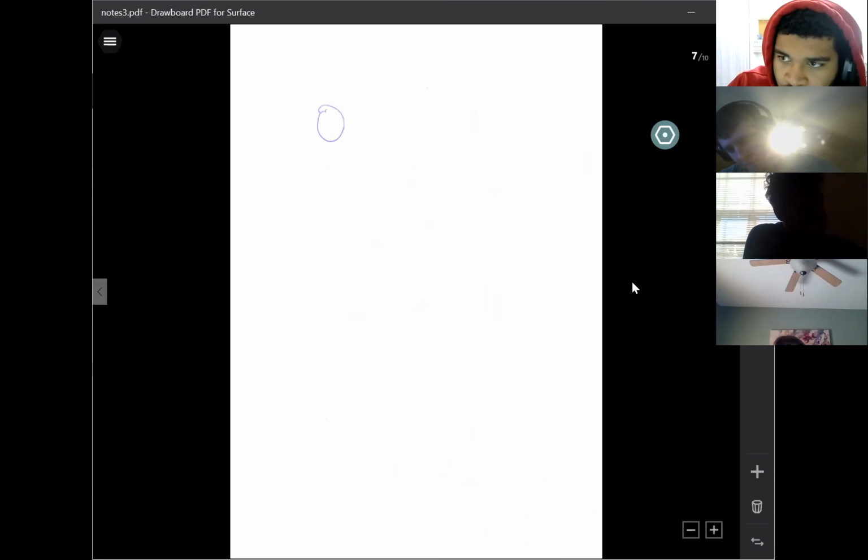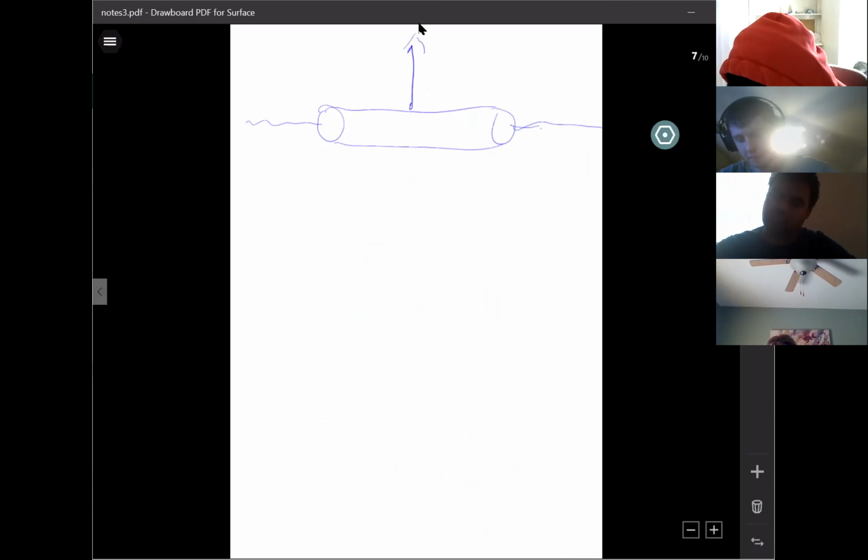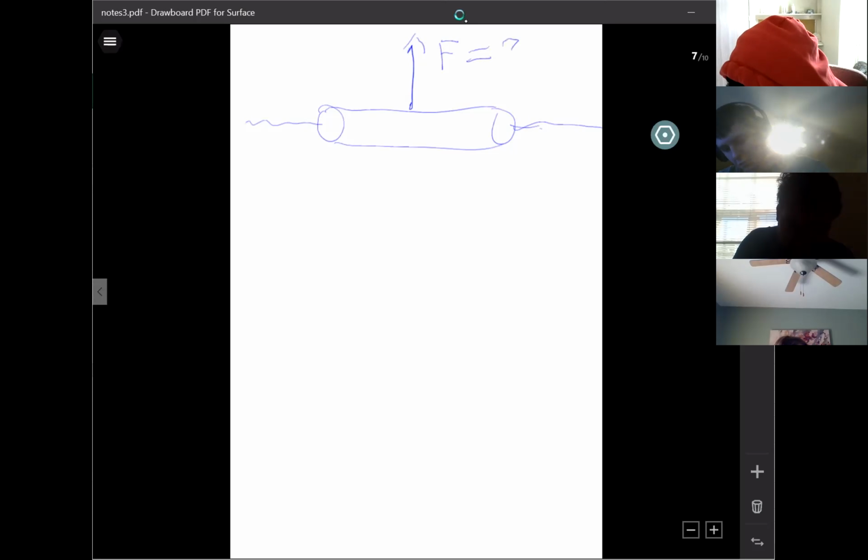You have a cylinder sitting on the water. So you are trying to pull the cylinder up. I want you to calculate what's the force required to pull the cylinder up.